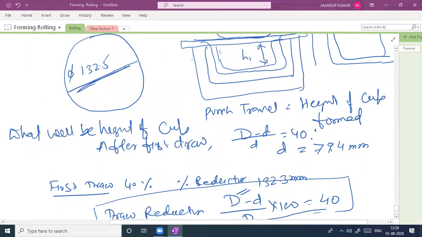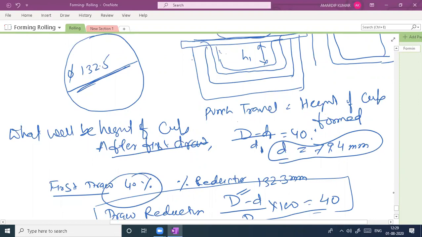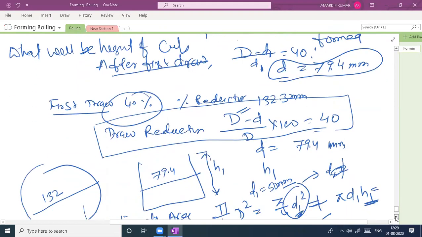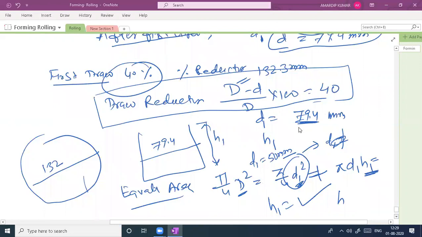Now, what will be the height of the cup after first draw? D1 is the diameter of the cup after first draw, because the percentage reduction is 40%. This you got, right? Then height corresponding to this diameter, you got height H1.